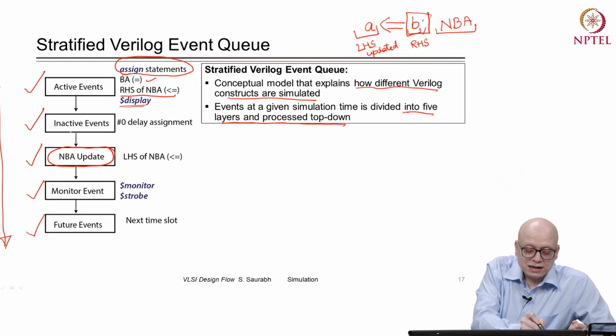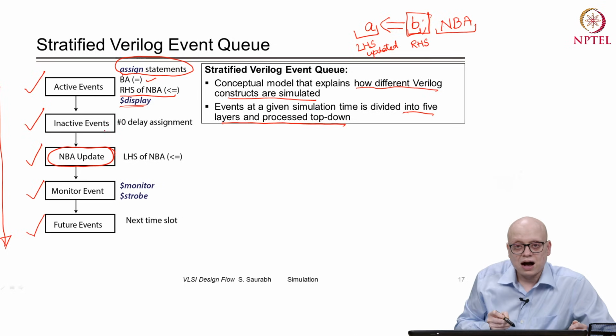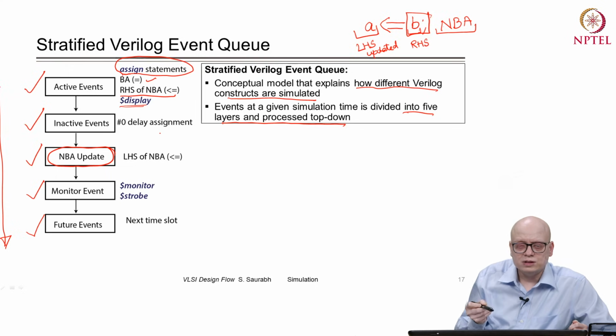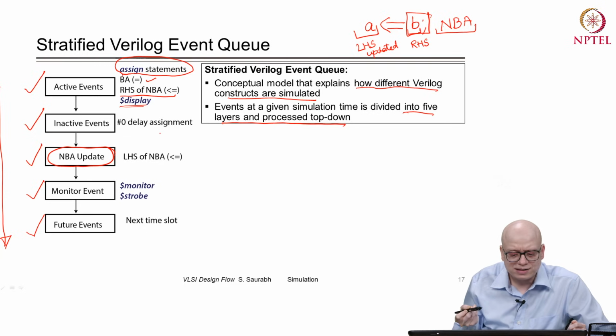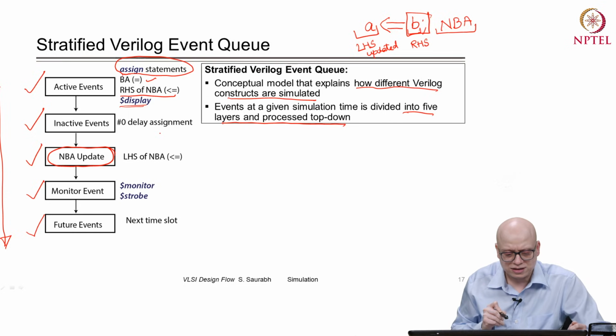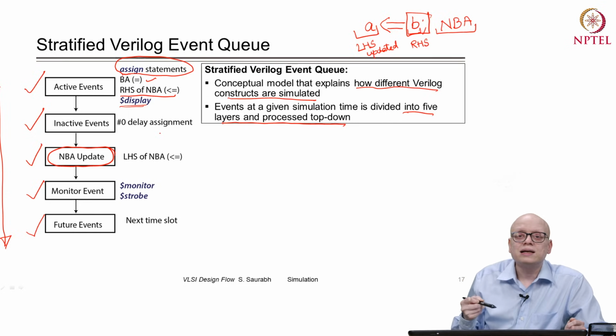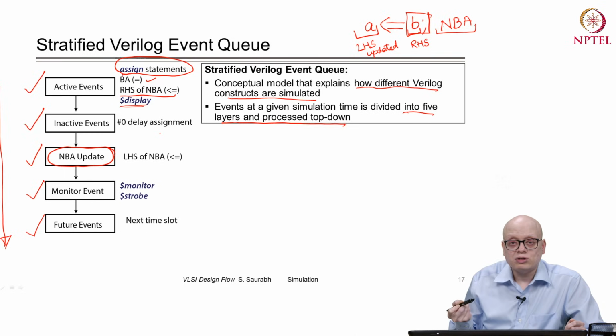After all the active events are processed, the inactive events are processed, and inactive events are zero delay assignments. The language allows zero delay assignment, but typically we should avoid zero delay assignment in our designs or in test benches, because there are more efficient methods to model such effects.